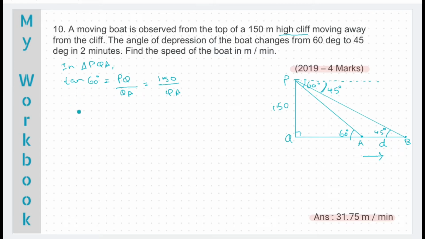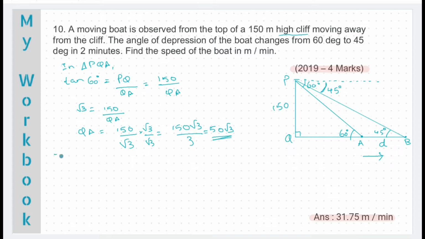Tan 60 is root 3. So root 3 equals 150 by QA. So QA is 150 by root 3. Let's rationalize it. You will get 150 root 3 by 3, which is 50 root 3. So QA we have found as 50 root 3.